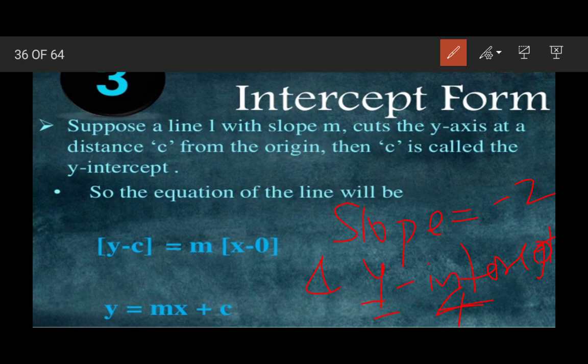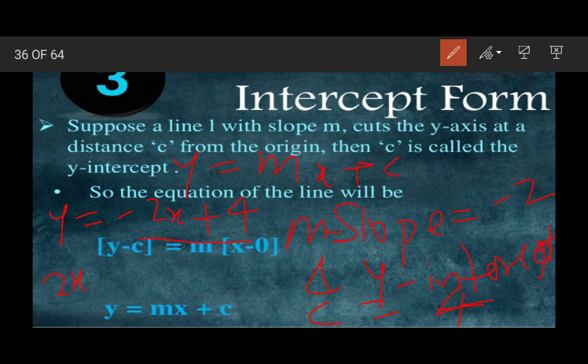then we can find the equation of a line by using the formula y is equal to mx plus c. So slope means m, y-intercept means c. So finally we get y is equal to minus 2x plus 4. So that means I am taking the left hand side term to the right hand side and the right hand side term to the left hand side.